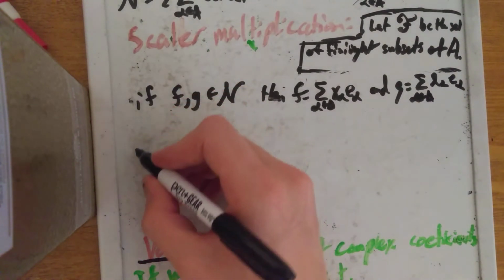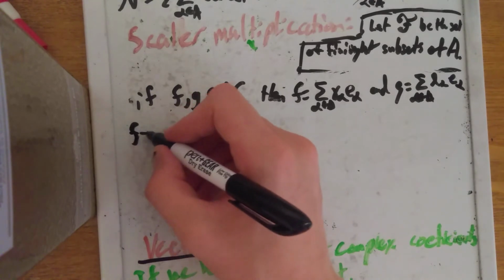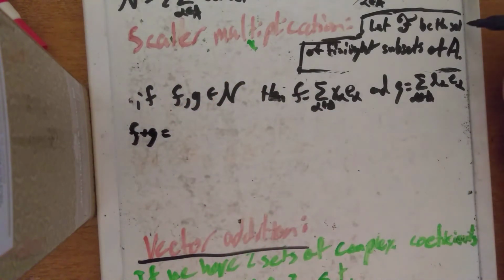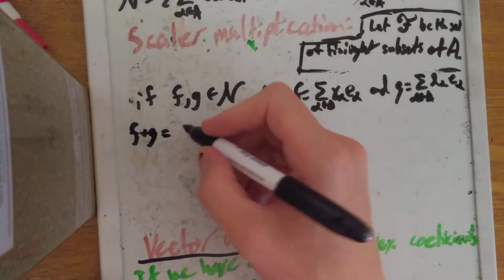Now, if we consider F plus G, this is going to be equal to, again, we're going to use the definition of a sum across an infinite set.